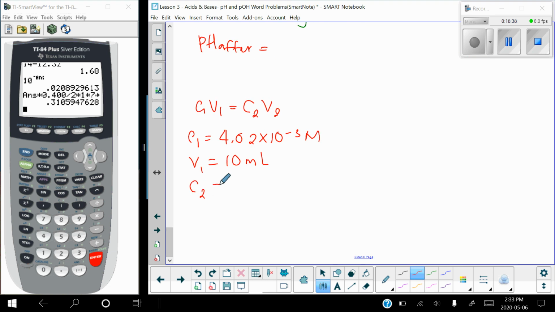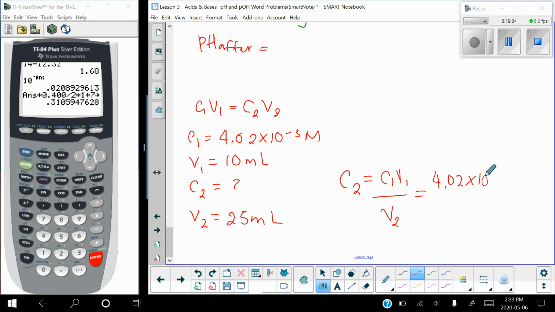C2 is our unknown. And V2 is 25 milliliters. So C2 is equal to C1V1 over V2. Let's plug those numbers in.